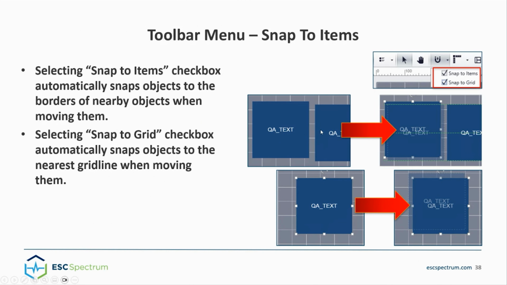When snap to items is enabled, when a dashboard item is being dragged around, it will display guidelines to line up the item with a different item or the edge of the dashboard. And snap to grid will do the same thing. It will snap to the grid squares that are behind it.